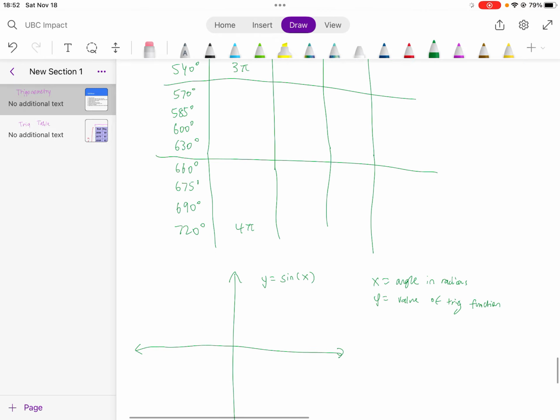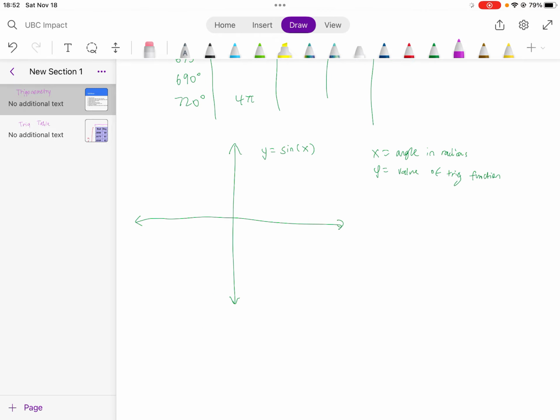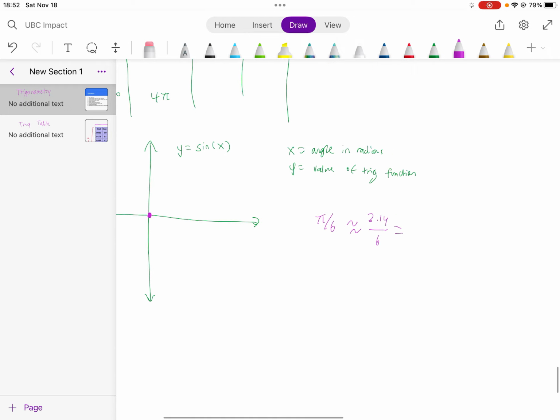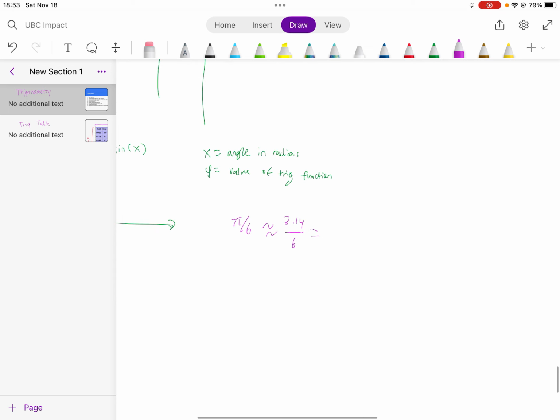So when x is equal to 0, y is equal to 0, so we put a dot here. When x is equal to pi over 6, y is equal to 1/2. So pi over 6 is, pi is about 3.14 over 6. You can kind of see what this is about. This is about 3 plus 0.14. I'm just estimating here. 3 over 6 is about 0.5. That thing over 6 is about 0.02-ish.